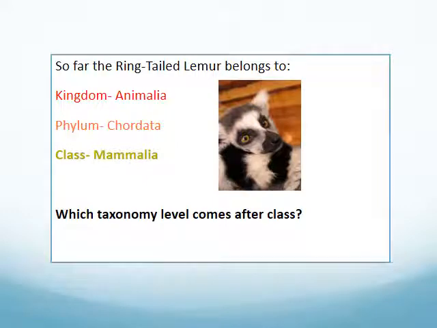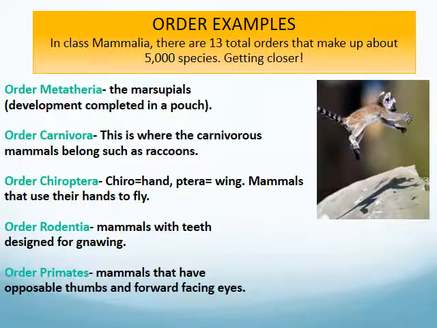Okay, so that's what you have so far. Up next, we have the order. In class Mammalia, there are 13 total orders that make up 5,000-ish species. So we're starting to really narrow it down, which is good. All right, so we've got order Metatheria. These are the marsupials. They have a developed pouch. We have order Carnivora. This is a carnivorous animal, such as a raccoon. Order Chiroptera.